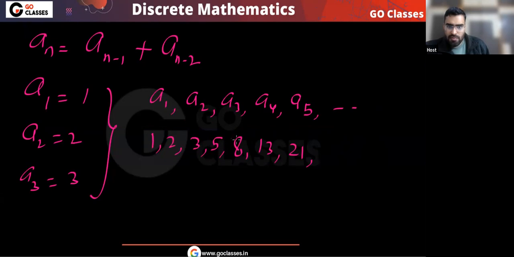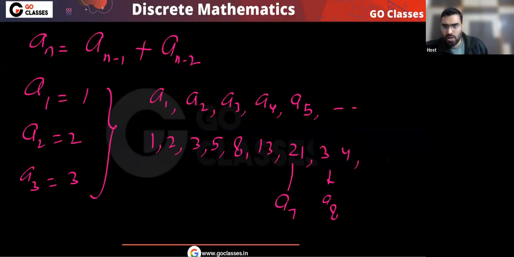A1, A2, A3, A4, A5, A6, A7. So this is A7. And what is A8? You can just add them, so this is A8. Sorry, that is 34.